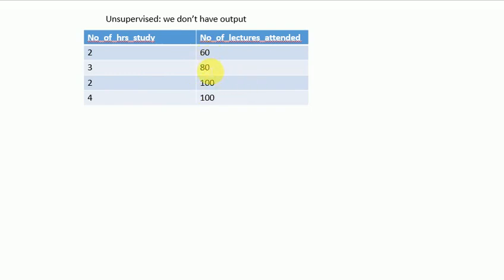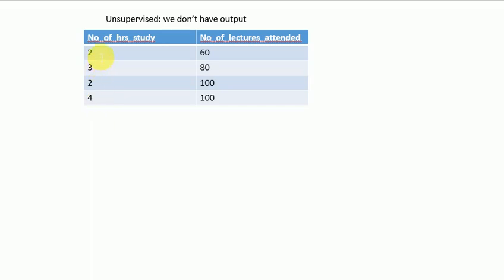If I see, 60 and 80 are quite near, and 100 and 100 are the same value. At the same time, 2 and 2 are the same value, and then we can have 3 and 4 as separate values, or they are also quite near. Between 2 and 3 there is only a gap of 1, and between 3 and 4 there is only a gap of 1. So we will try to group this data on the basis of distances.